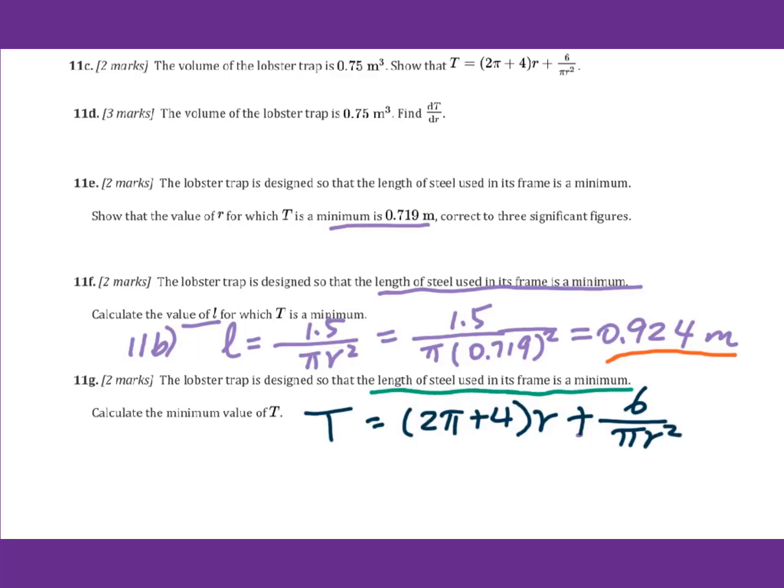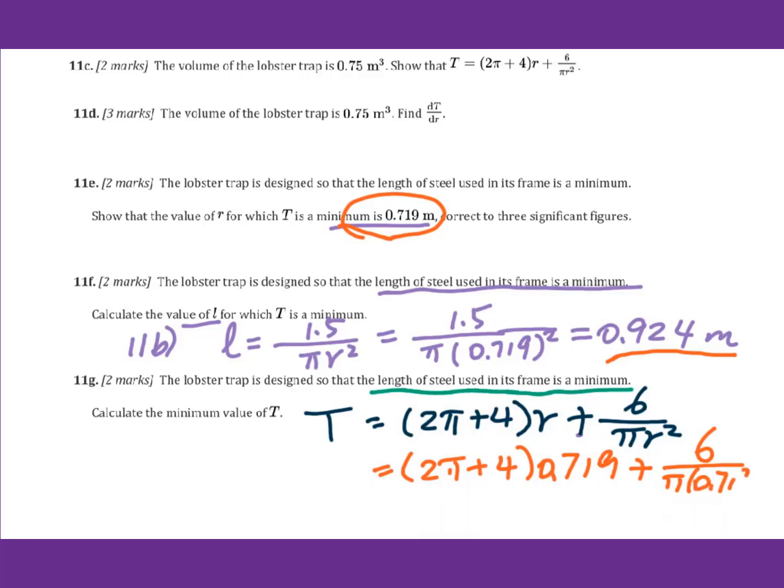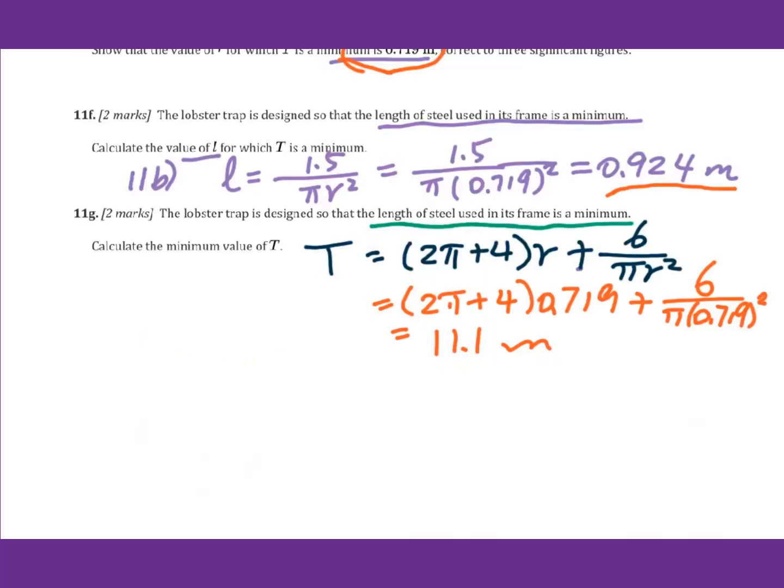We know this r equals 0.719, so we plug in 2 pi plus 4 times 0.719 plus 6 over pi times 0.719 squared. The answer will be 11.1 meters.